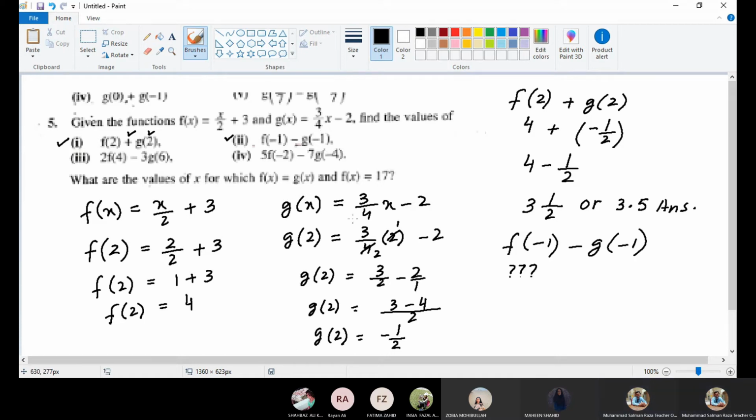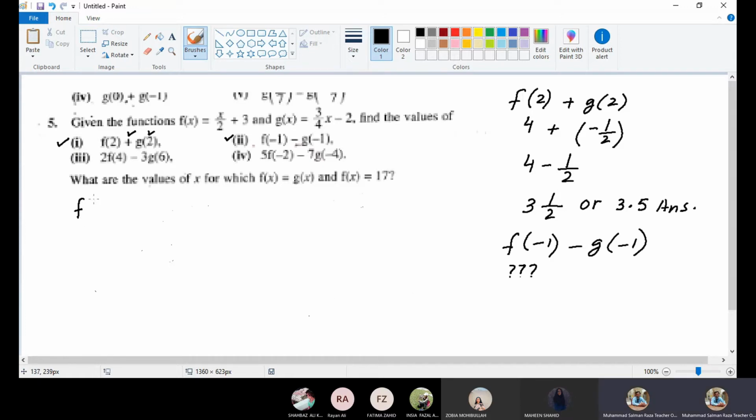Now f of minus 1 minus g of minus 1. So f of minus 1 and g of minus 1 is mentioned.